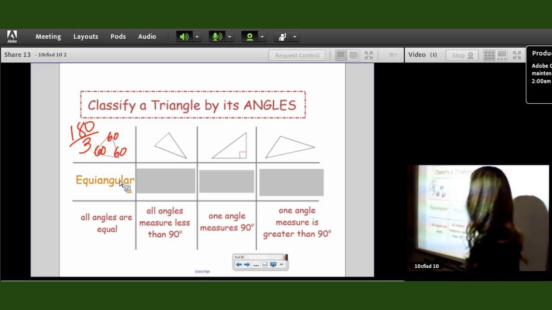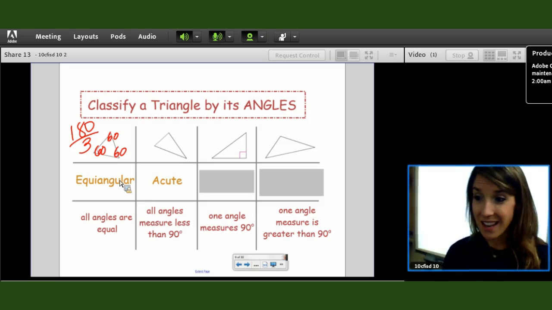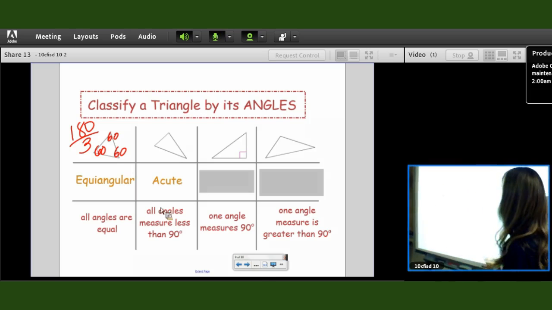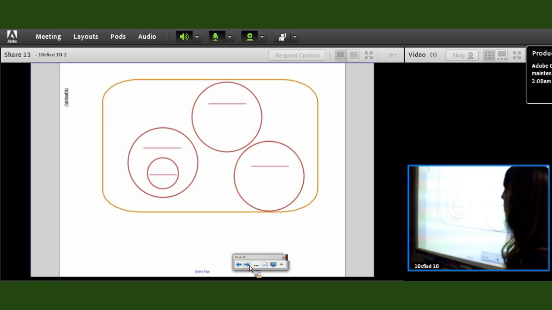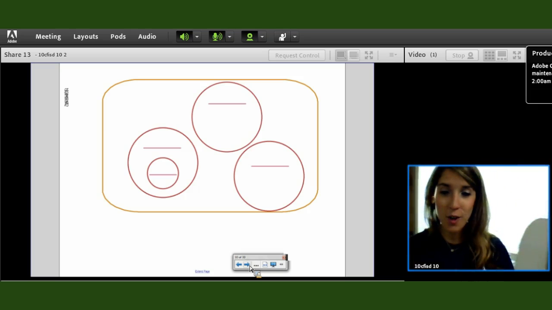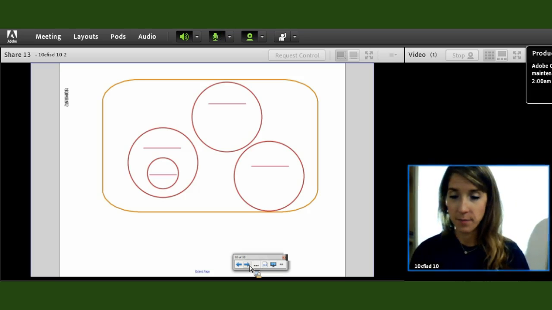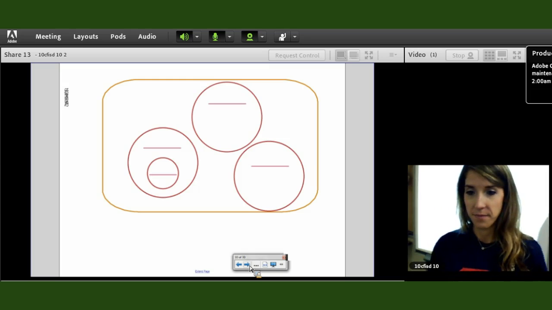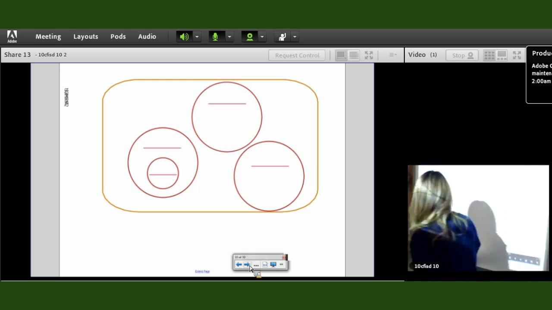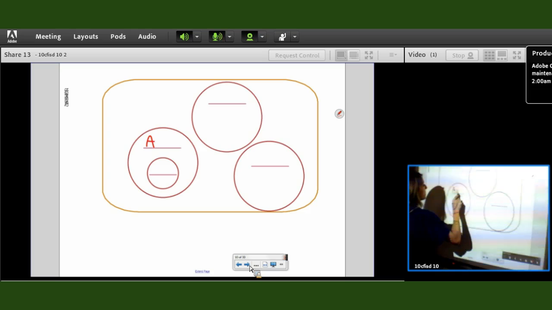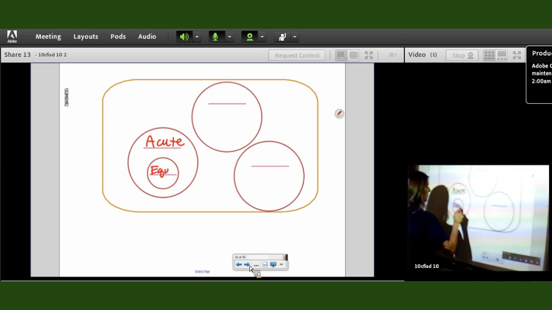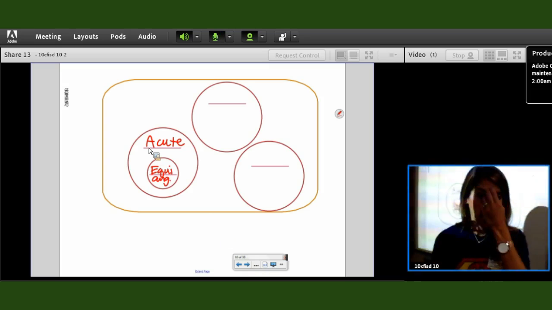Therefore, they're all less than 90. So do you agree that all equiangular triangles are what? Acute. So I could call this circle acute, and then every equiangular triangle is acute.